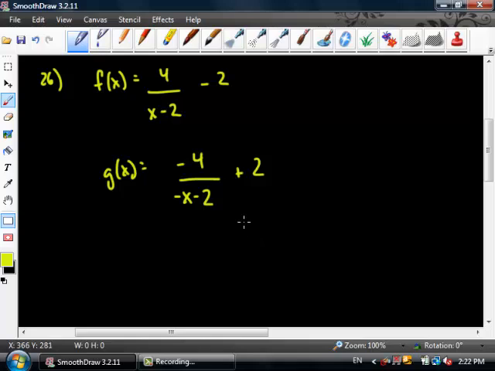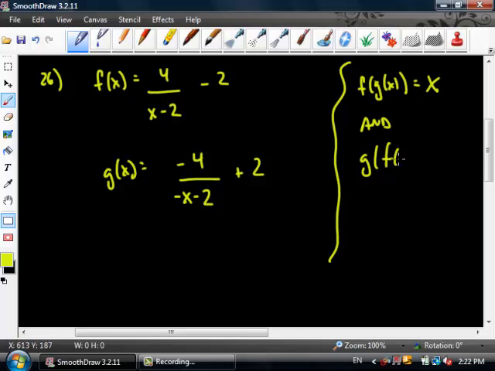Typically the way we determine function inverses is if f of g of x equals x when it's all simplified, and g of f of x equals x, then they are inverses. Now, composing these two functions is awful.